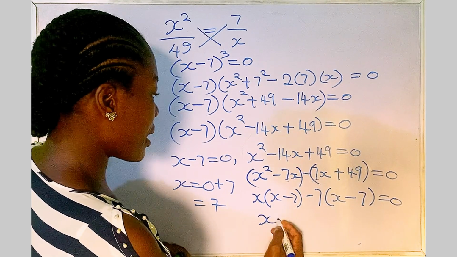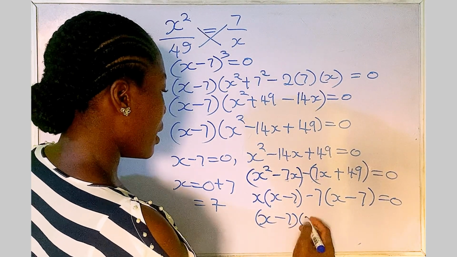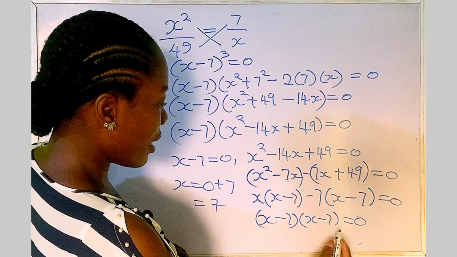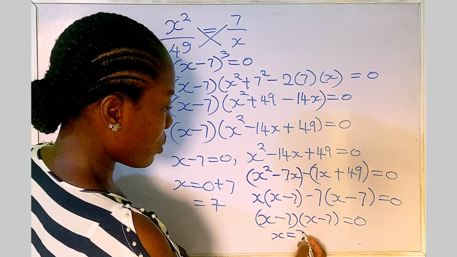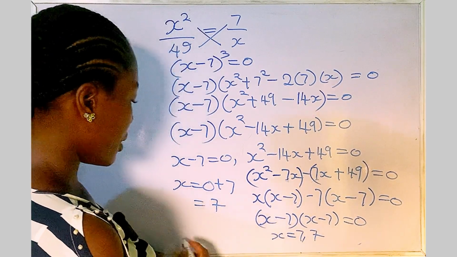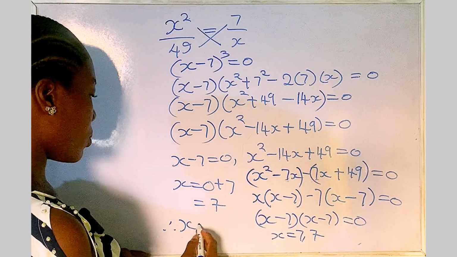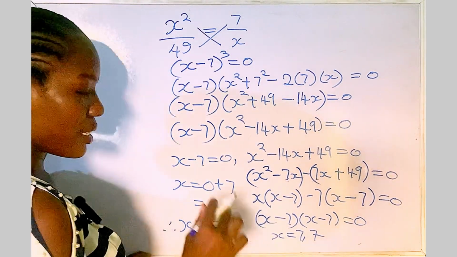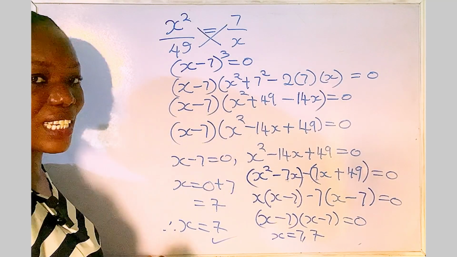So this is x minus 7 and x minus 7, which is equal to 0. So our value here, x is equal to 7 or 7. Therefore, x is equal to 7, 7, 7. This is our final answer. Bye bye. See you in my next video.